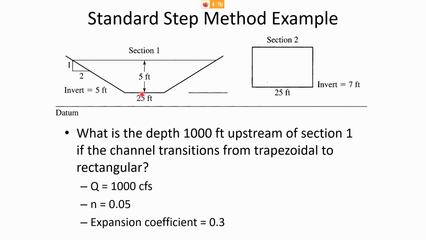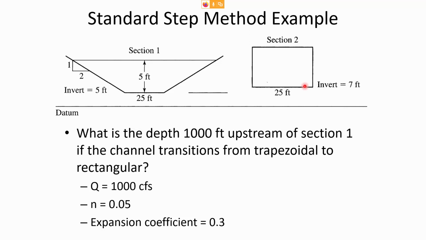What we want to know is how deep the water will be in section 2 if we have 1,000 feet of distance between these two points, and we know the elevation of the bottom of the channel is 5 feet at section 1 and 7 feet at section 2.